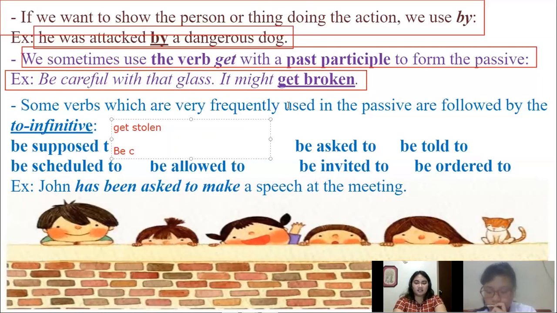Okay. You can make a sentence using this: get stolen.